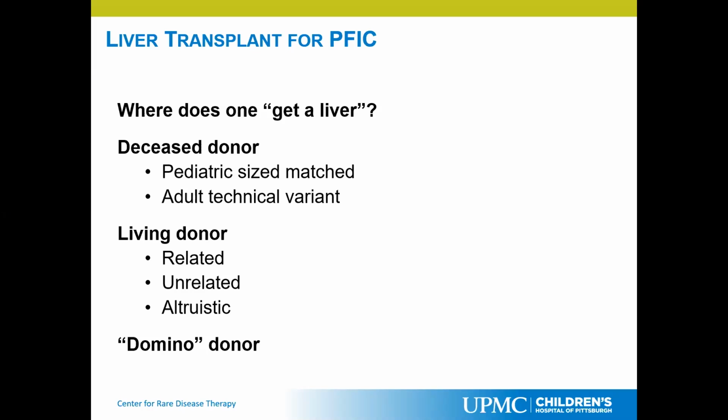So you can take a liver from somebody that does not have maple syrup urine disease, put their liver into someone with maple syrup urine disease, and then take the liver that you've taken out of the person with maple syrup urine disease and put it into another person who has another disease. We've done a transplant that involved a domino donor from a patient with maple syrup urine disease to somebody that had PFIC. So it's not something that is unheard of, and it's another source of donor livers.